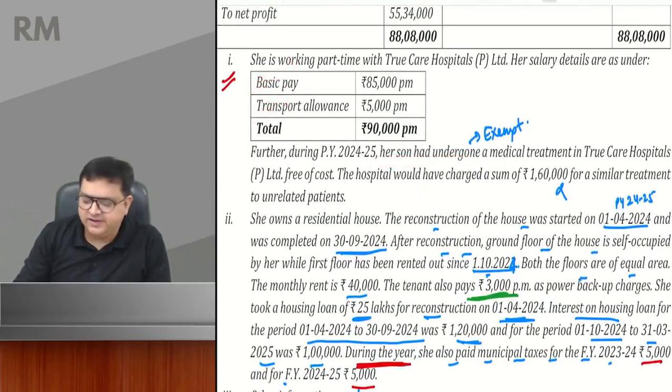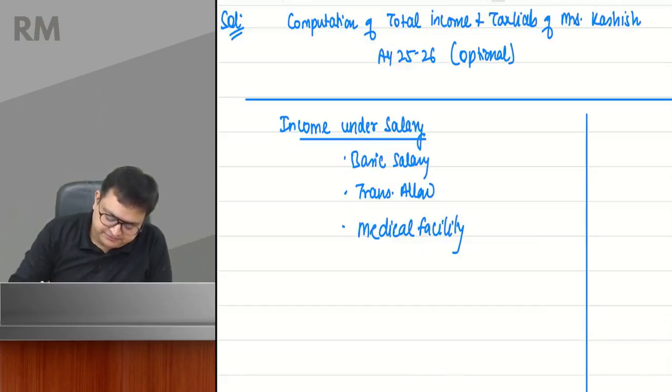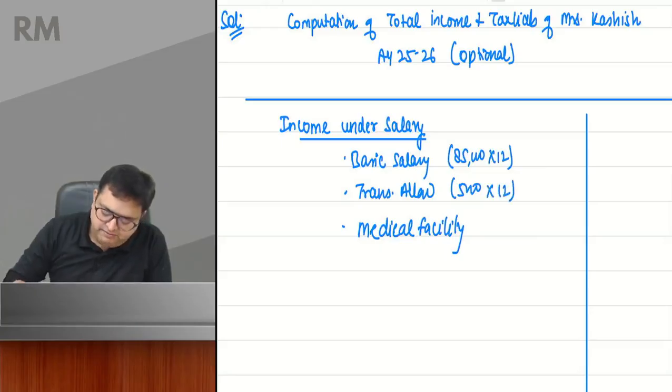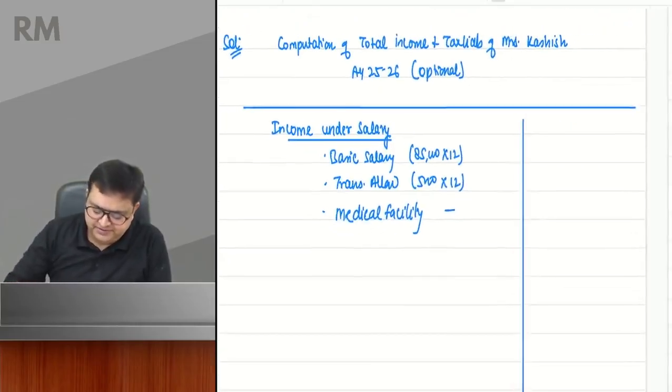Only 3 things were there. Basic salary 85, transport 5,000. Medical facility is exempt. Why? It is family in the employer hospital. So it is exempt.